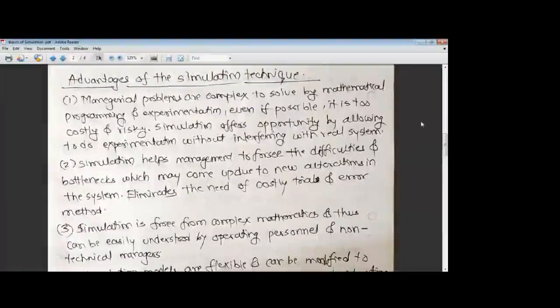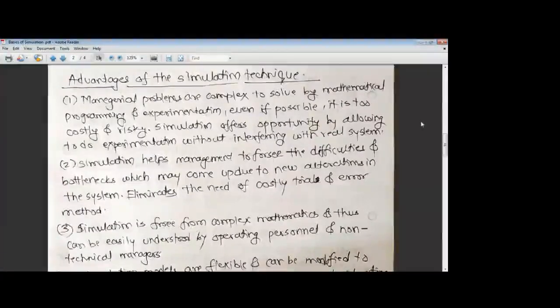I do not have to go on site and create a multi-storied building by investing multi-crore or multi-lakh rupees and then do the experimentation, right? That is very costly, and plus it is risky. Instead I can create a prototype by investing a few thousand rupees.